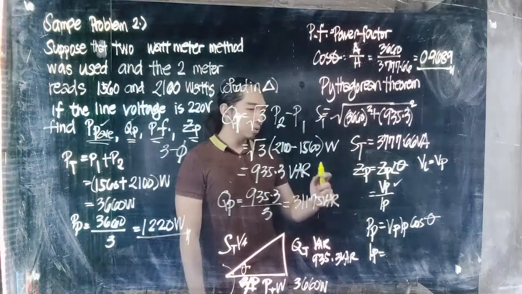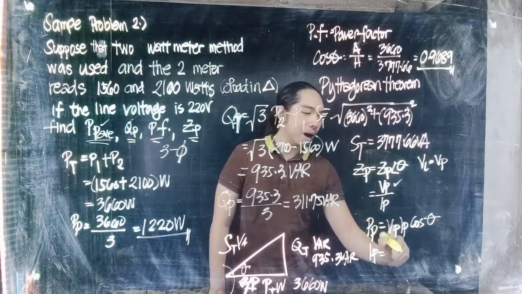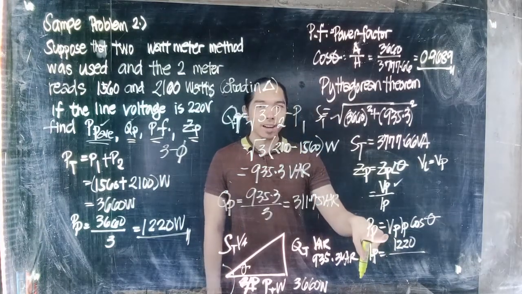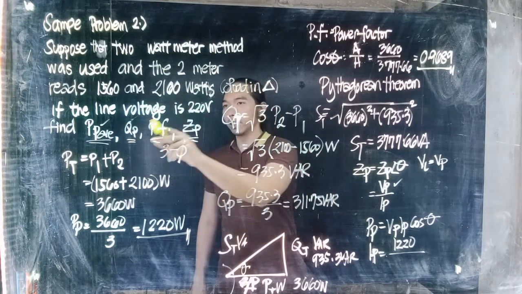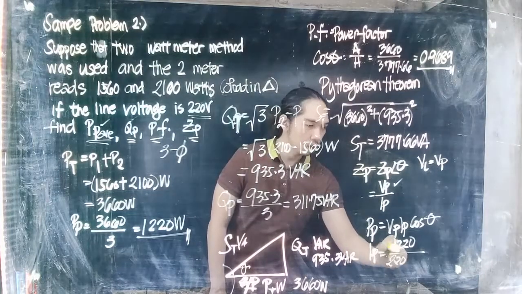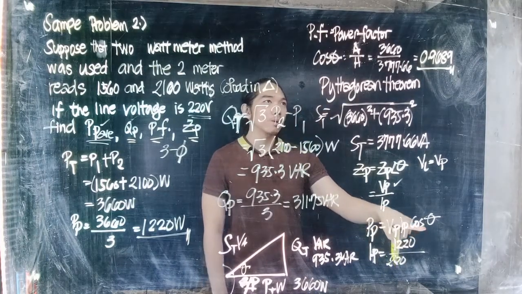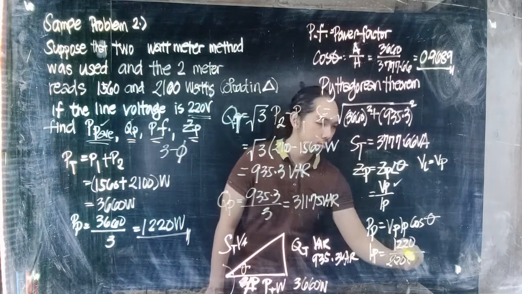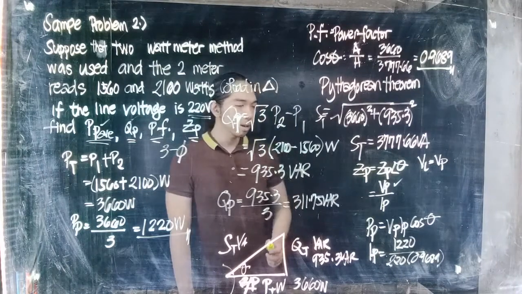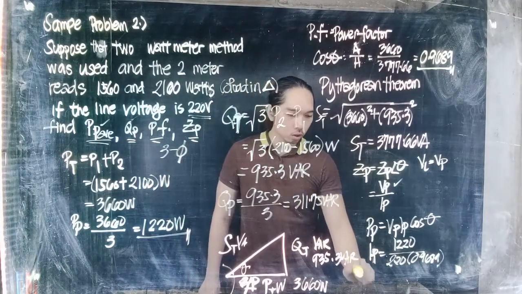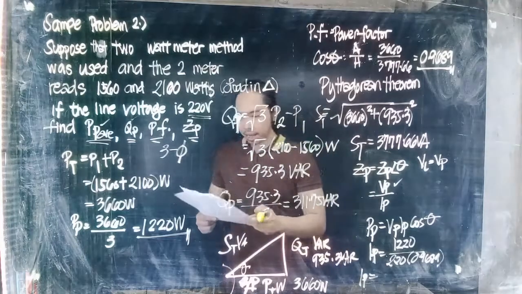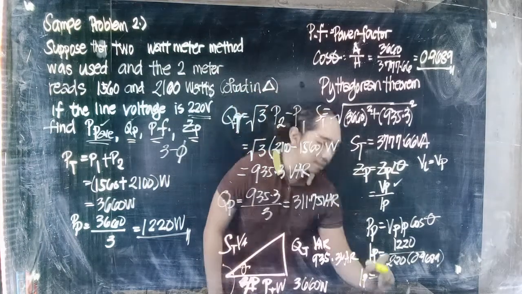So that IP now would then be equal to the per phase power over the phase voltage 220, multiplied by cosine theta, which is our power factor. So IP now would then be equal to, okay, so by calculating, we can resolve as 5.723 amps.